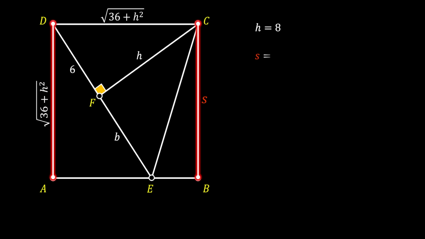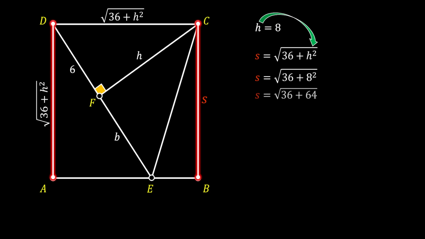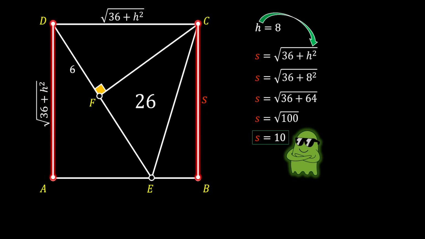So this means that S equals the square root of 36 plus h squared, and we're just going to substitute the h for 8 and get the following. Now we're going to work through this and get that S equals the square root of 100, which means that the side of our square has the length of 10, and this is our solution.